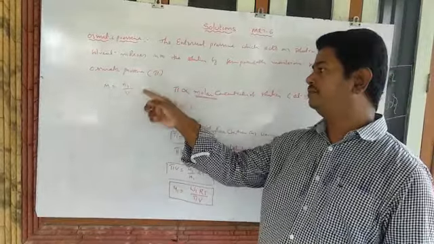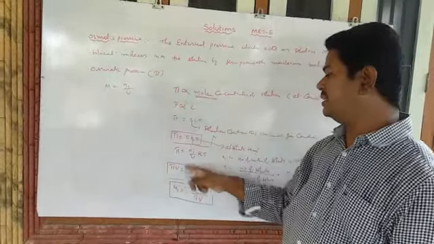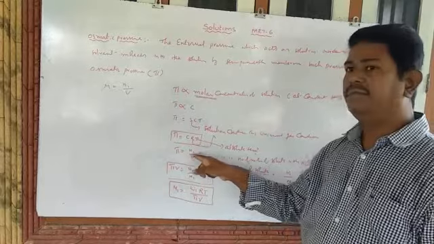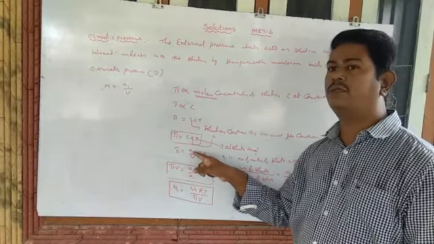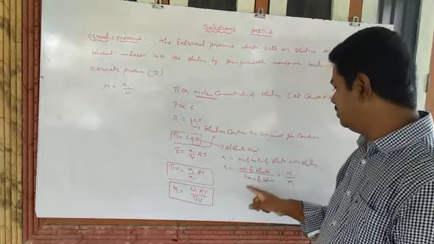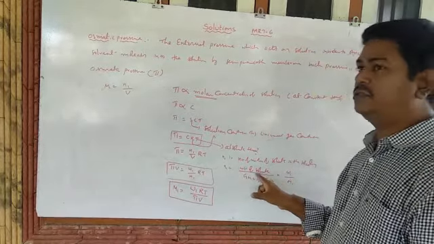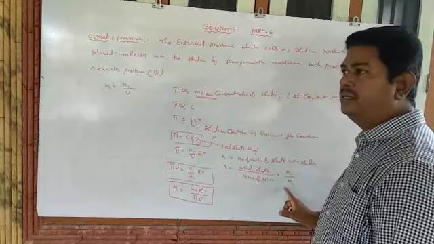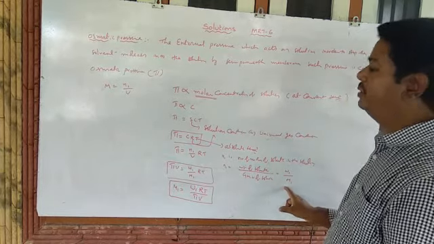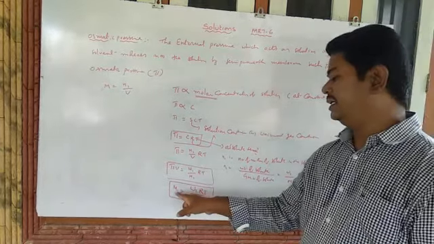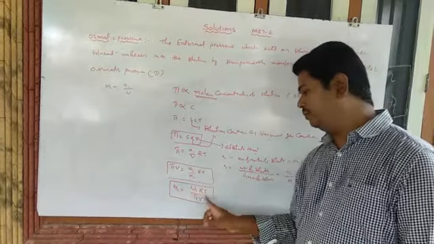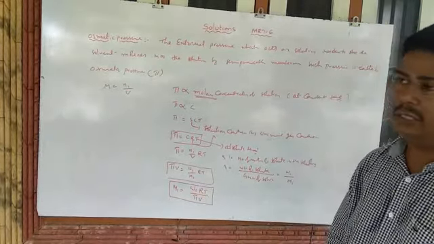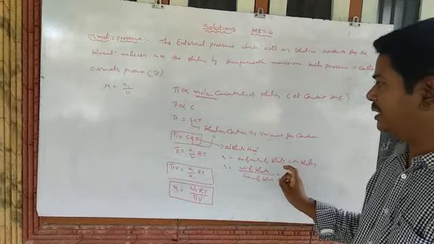Okay. So what happened here now? Osmotic pressure is known. By the osmotic pressure definition, pi equal to CRT. C is replaced by N1 by V. N1 means the number of moles of solute, which can be written as the weight of the solute by the GMW of the solute. Then the GMW of the solute can be easily calculated by M1 equal to W1 into RT by pi into V. Okay, so that is about osmotic pressure.